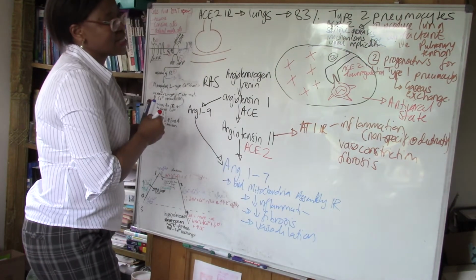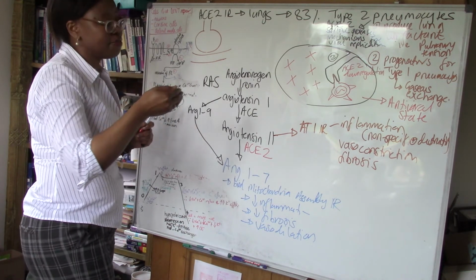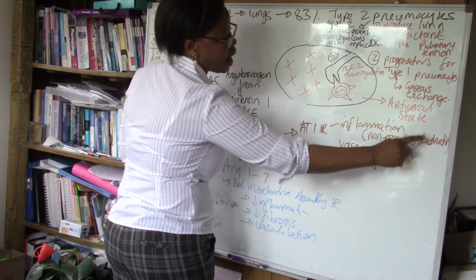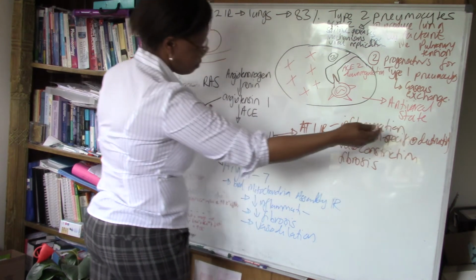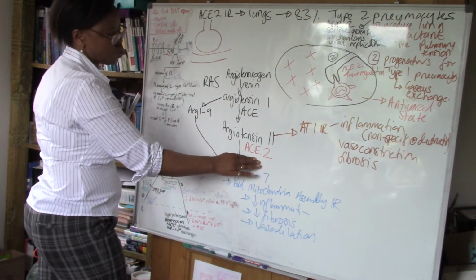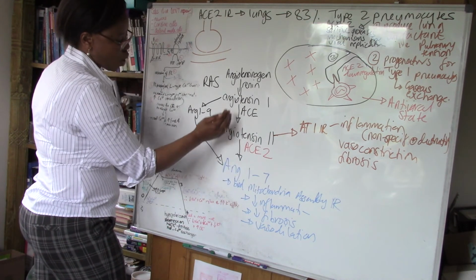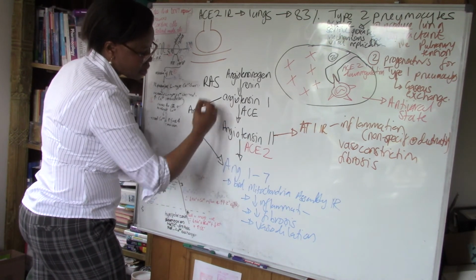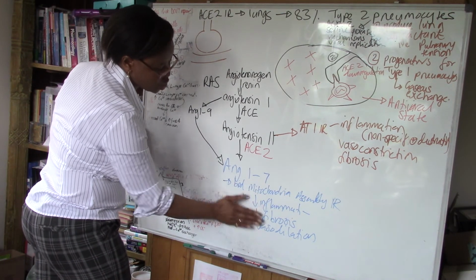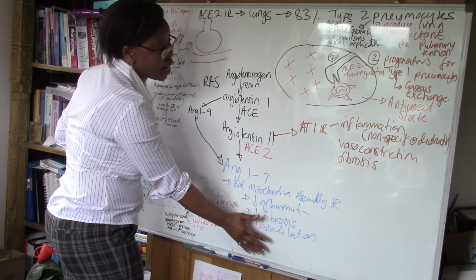And in the lungs, ACE2 is considered to be protective in the sense that it will stop any injury happening due to this inflammation. Because if there is a bit of inflammation happening, but there is ACE2, then ACE2 will quickly break down angiotensin 2, shunt angiotensin 2 products towards reducing inflammation, reducing fibrosis, and really being protective towards the lung.